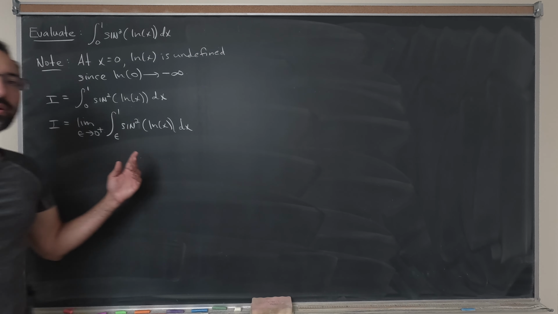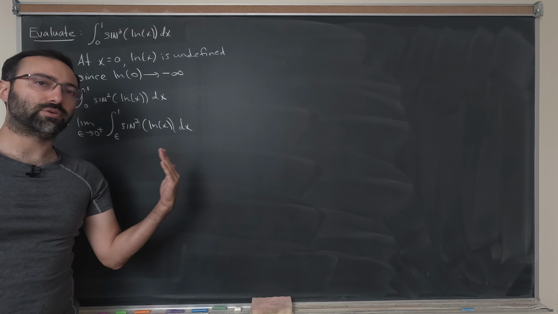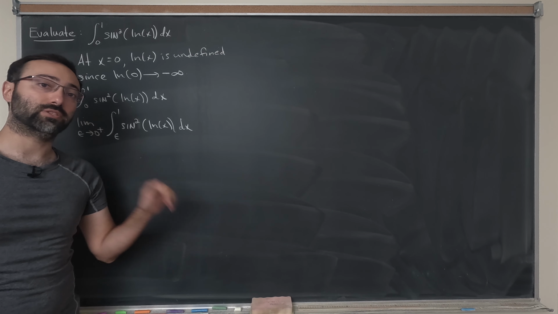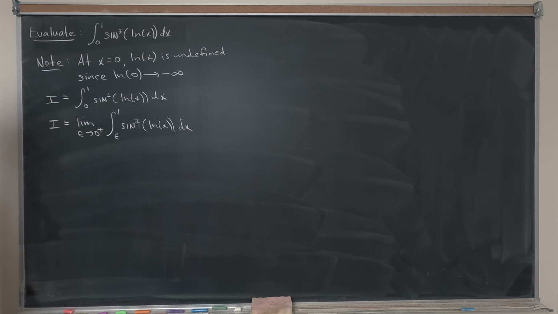So from 0 to 1, as we come towards 0 from the right, not quite getting there, we'll evade that discontinuity and not tend down to negative infinity.